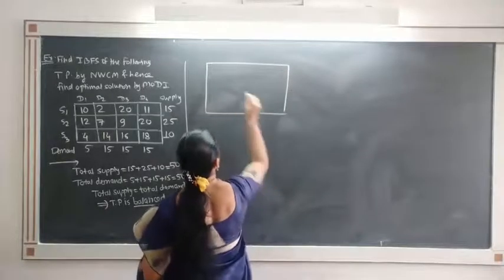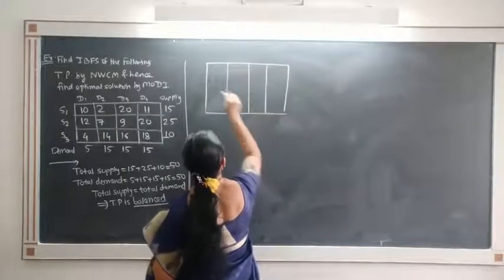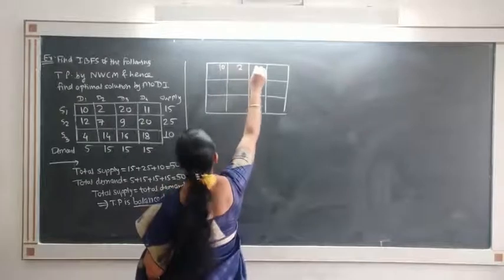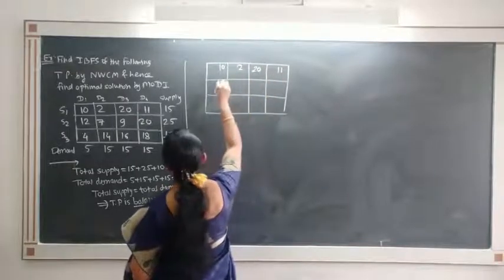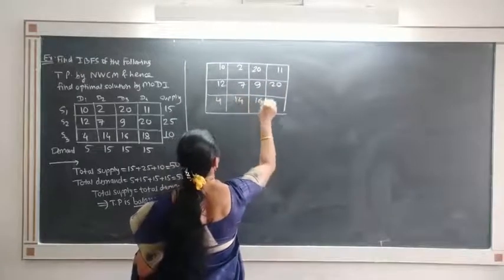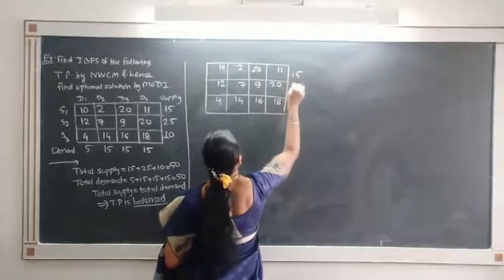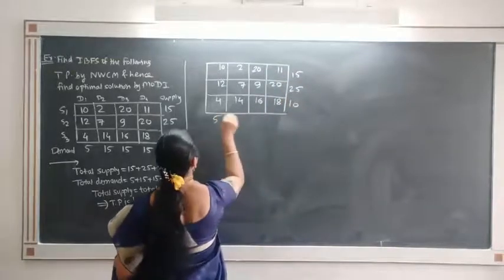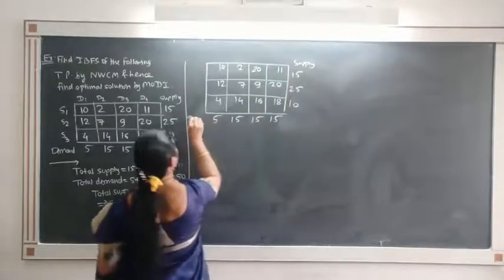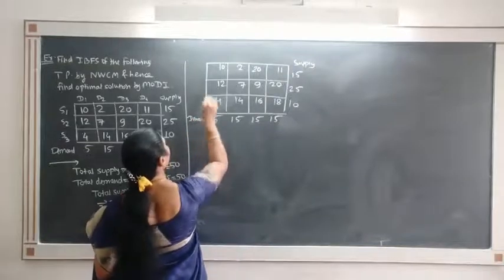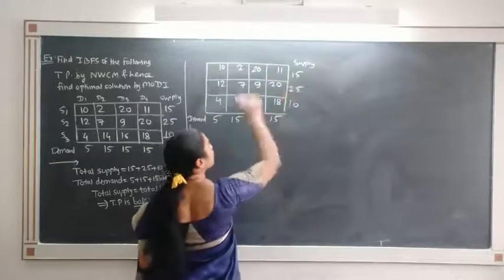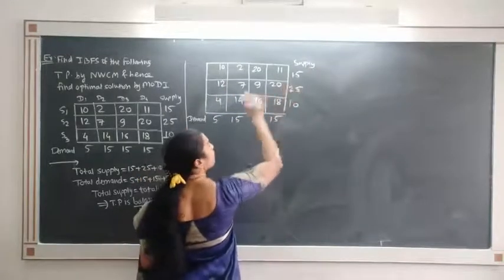In the northwest corner method, we always start allocating at the northwest corner cell. So start at the northwest corner cell and allocate as much as possible, that is the minimum of the corresponding supply and demand, that is the minimum of 15 and 5.